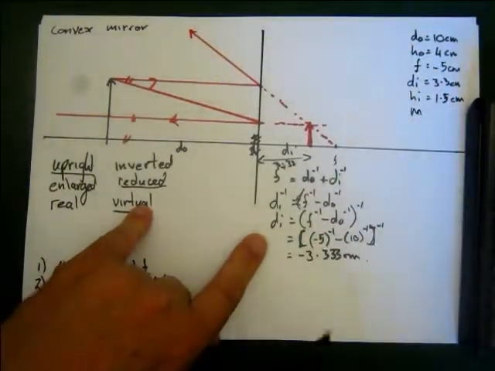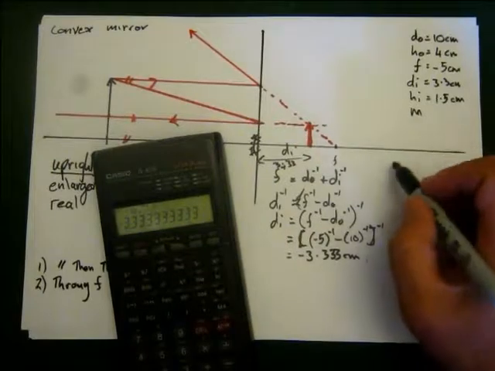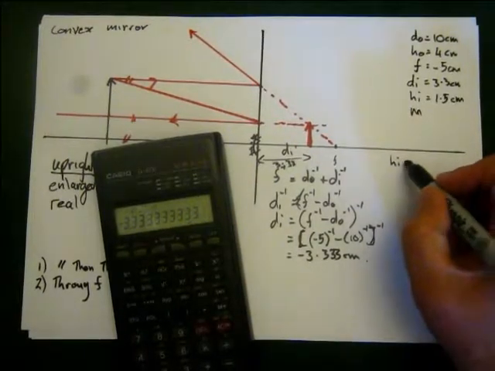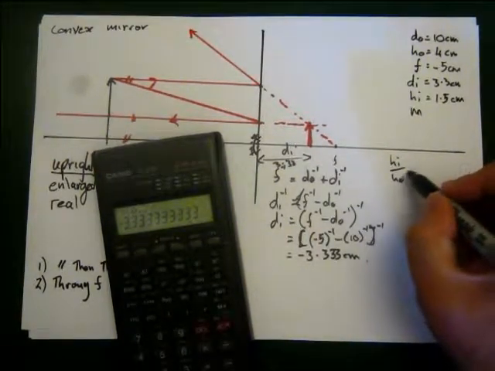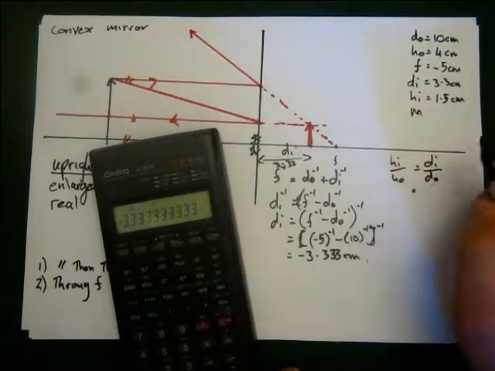So that was pretty good. And what's the height? Again, we can use similar triangles. Height of image over height of object equals distance of image over distance of object.